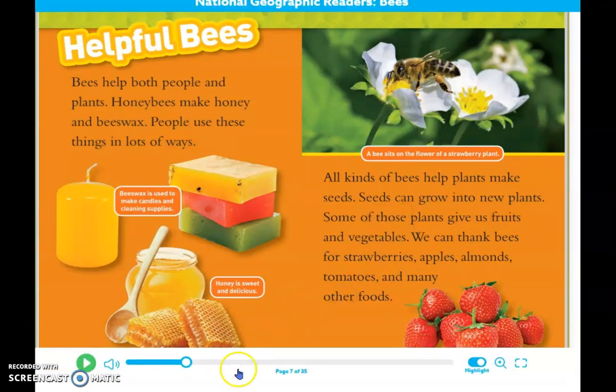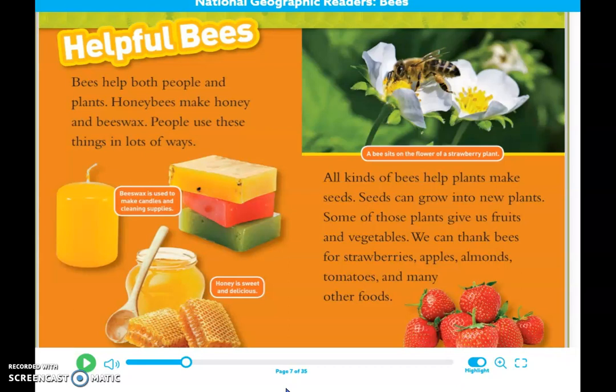So I know that my topic is going to be bees, and I need to find out what the author wants me to learn about bees on this page. So I'm going to be noticing details that repeat. It could be words that are said over and over again, or it could be ideas that are coming up again and again. Helpful bees.